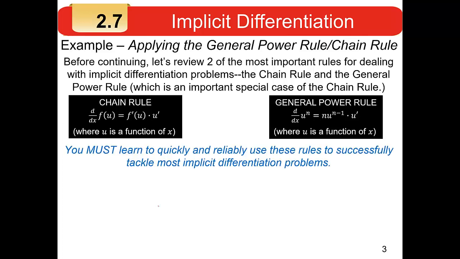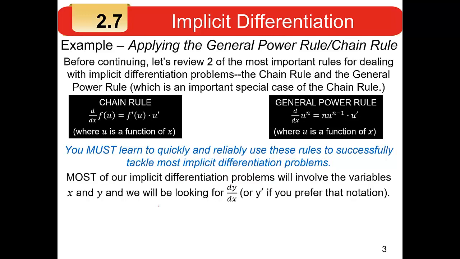So now let's do some really quick examples to get you in the right frame of mind for doing the kind of problems we really want to do. I will say something: most of the problems you'll see use the notation dy over dx, but if you prefer to use y prime, there's nothing wrong with that as long as you know what you're doing and realize that dy over dx and y prime are the same thing.